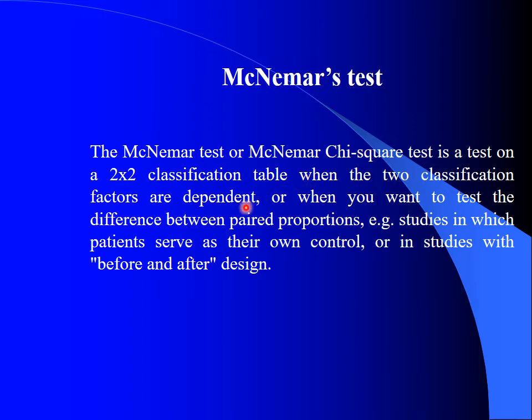We had already seen that in a two-way table, the simplest form is the 2 by 2 table. These are studies in which the patients serve as their own control. The first sample, the same individuals, the second sample is also taken. So it is like a before and after design.